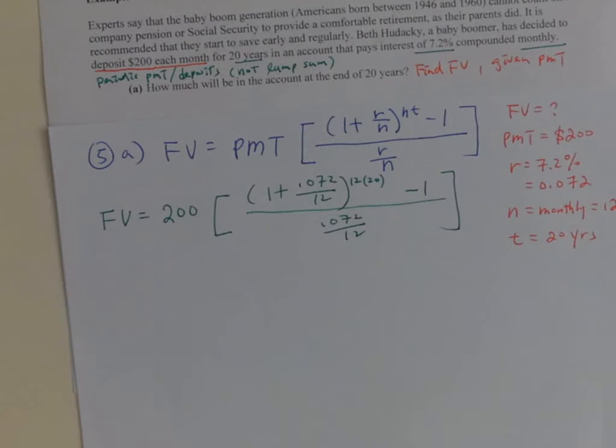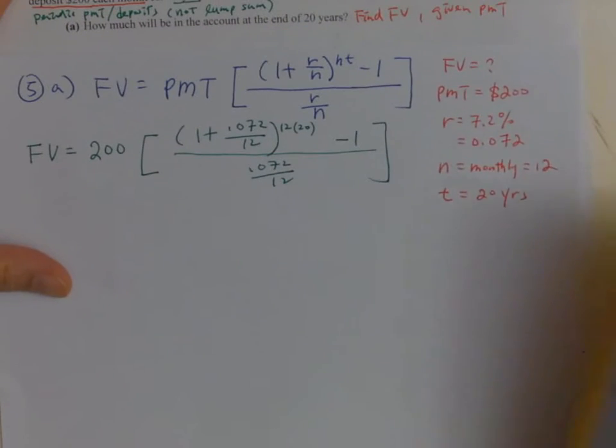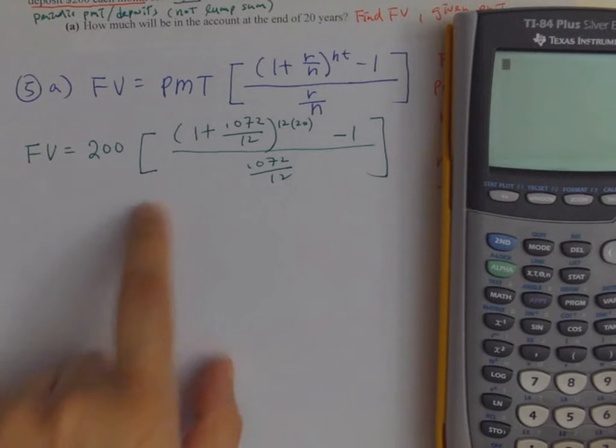I would highly recommend you try it out on your calculator. You need to practice to make sure you know how to do it before the exam. So pull out your calculator. I would do it in smaller steps. Some of you are very good with the calculator and may be able to plug the whole thing in. If so, set it up and give me the answer. That would be okay.